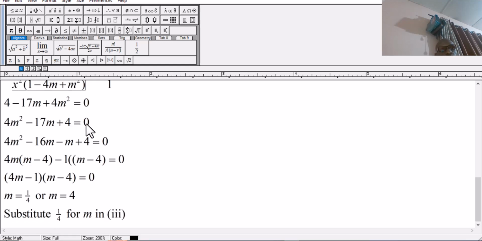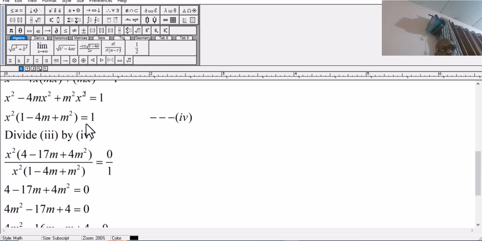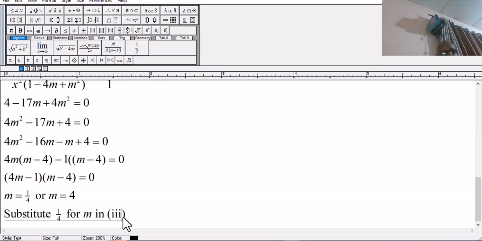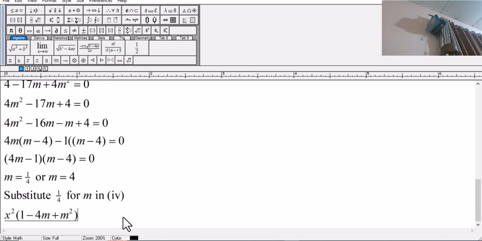So let's look for equation 3. Equation 3, this is what we have. So I'm going to use this. Okay, let's use 4. So I'll change it there because it looks more simple. The values are not that high. So let me change this to 4.